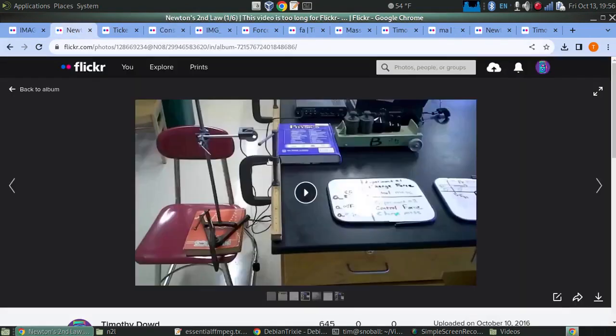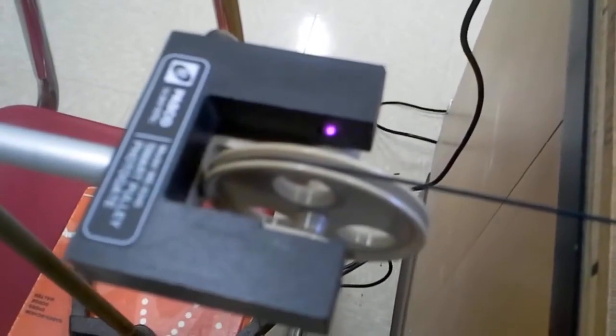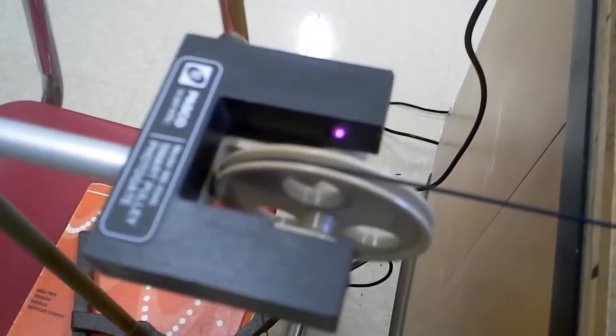It turns out that a pulley called a smart pulley can get us the data of how fast the whole system is moving as time passes. Let me show you how a smart pulley works. This pulley is what's called a smart pulley, and I'm sure you can see that there's a purple light on one of the plastic horns here.